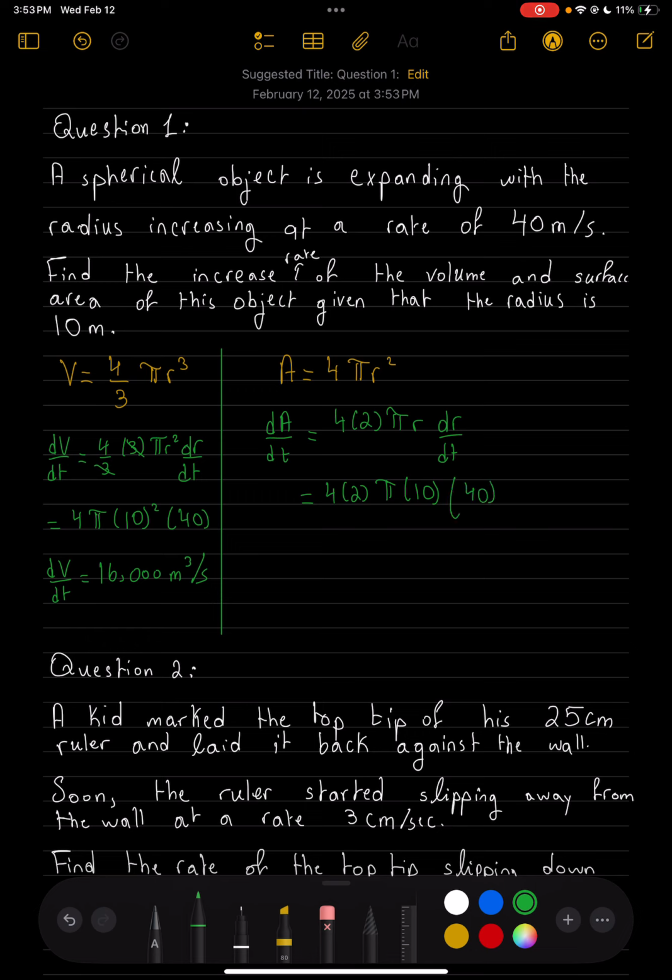So 2 times 4 is going to be 8, 8 times 10 is going to be 80, and then 80 multiplied by 40 is going to be 3,200. So 3,200 pi meter squared per second. So don't forget to put the pi in. This one is squared because we're talking about area, and this one is cubed because we're talking about volume. And this is it for question number 1.